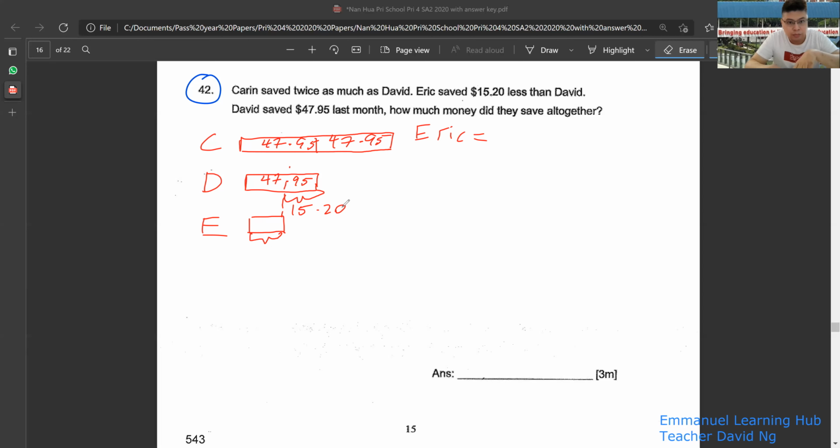But that's last month. It's the same. Okay. Then 47.95 minus 15.20.